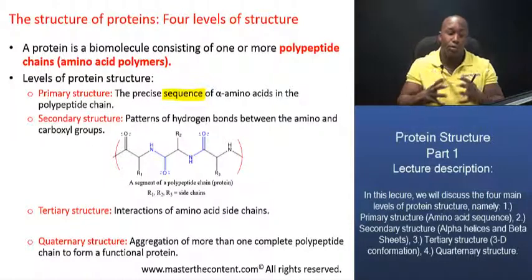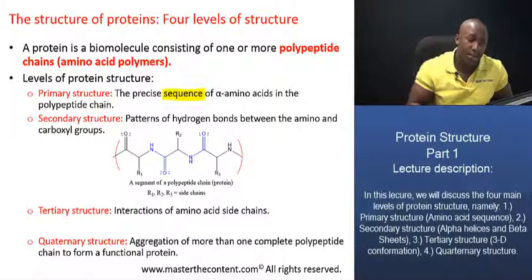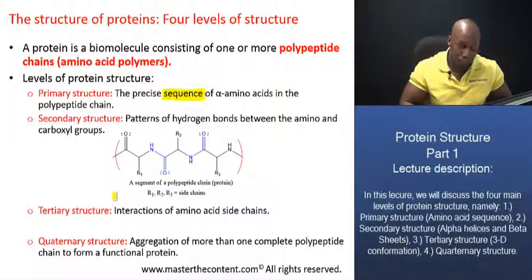So if you remember your basic amino acid structure, we just covered those lectures. Amino acids tend to have what is called a side chain, and the side chains actually permit the tertiary level organization to occur because of the interactions that happen between them.